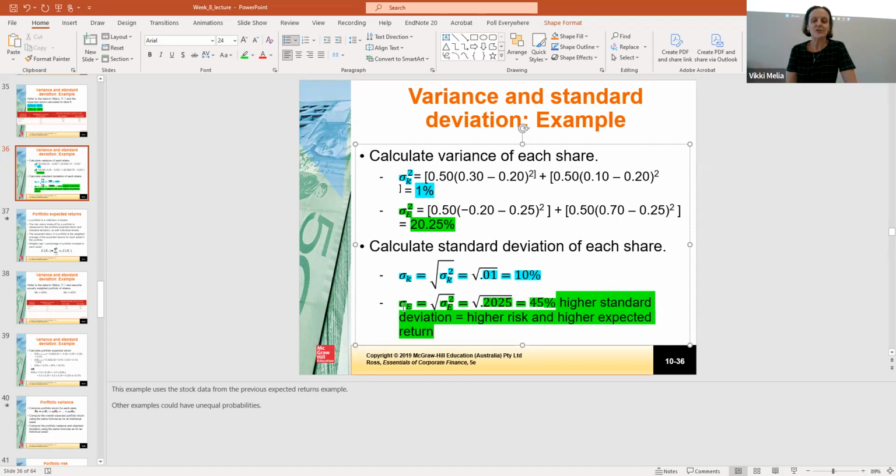The expected return from Emu was higher than Kiwi. And I said, why? And it comes back to risk. The standard deviation for Emu is 45% compared to 10% for Kiwi. It's much higher. So it means it's higher risk, and therefore we expect a higher return from that asset.